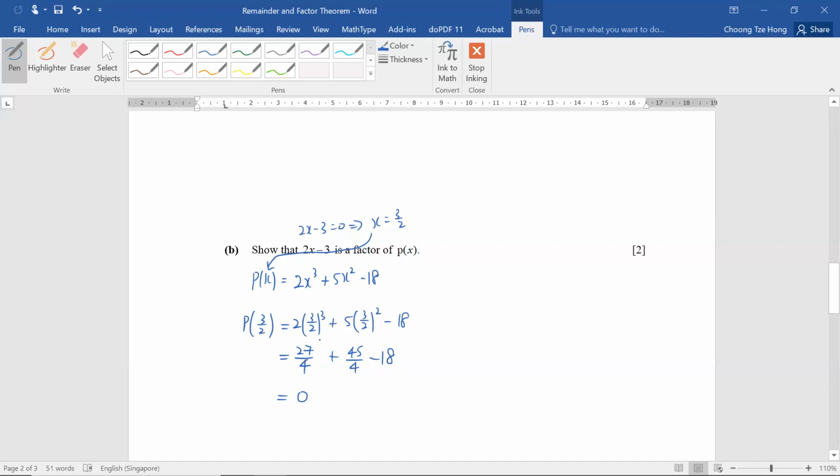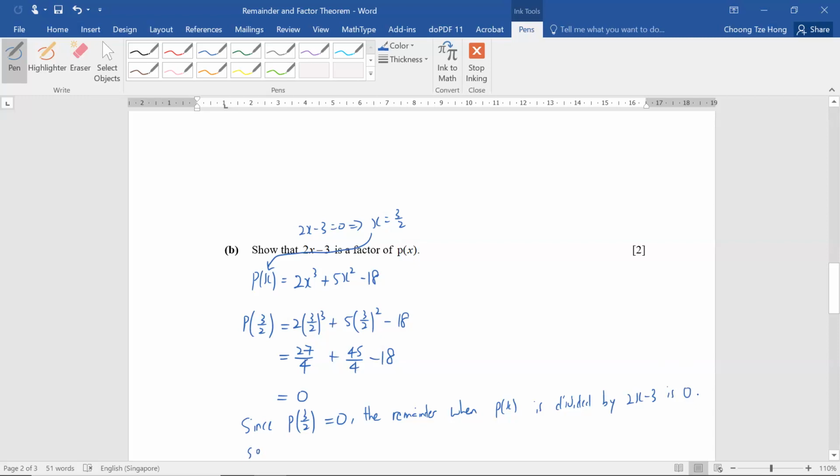Right? So you can conclude that since P(3/2) equals 0, the remainder when P(x) is divided by 2x minus 3 is equal to 0.